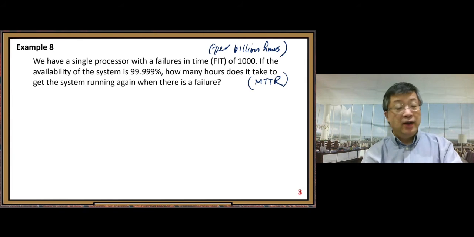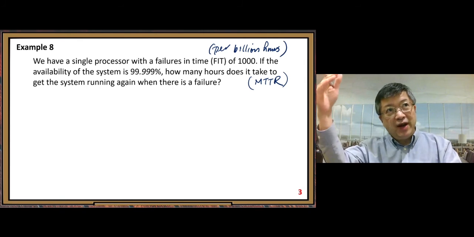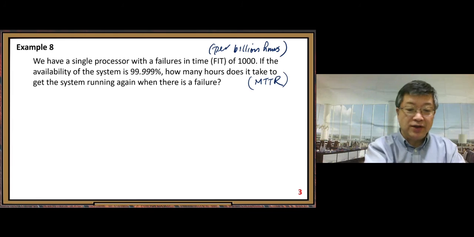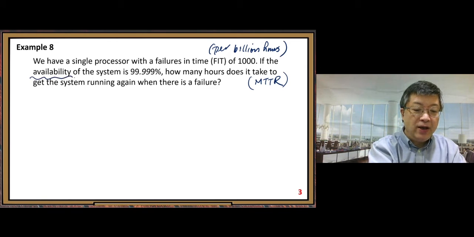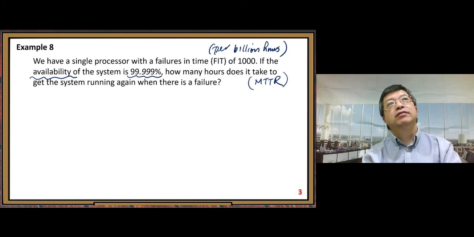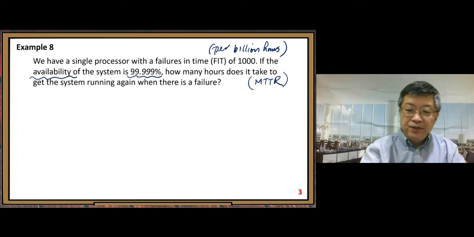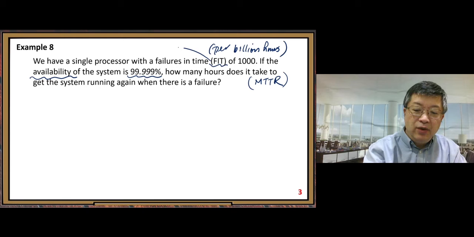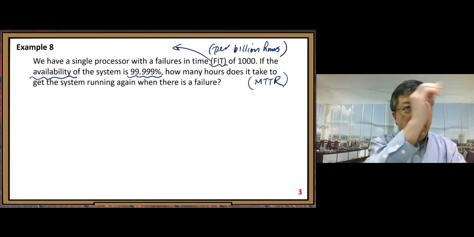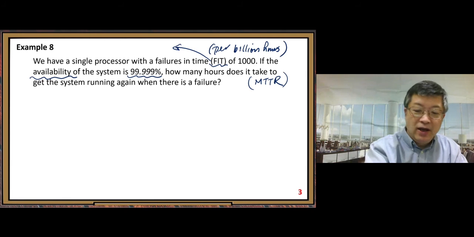All right, so we have some formulas, right? The availability formula. Look at this. Availability is 99.999%. FIT is related to what number? Mean time to failure, right? FIT is related to mean time to failure.